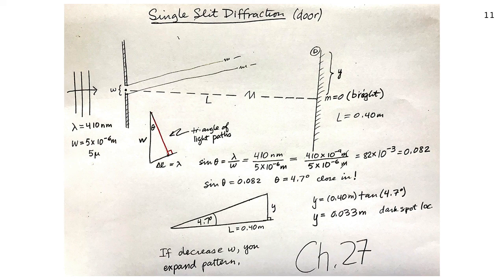You could do this again with a different W, like 2.5 microns, and you get slightly different numbers out here. And the pattern will change.